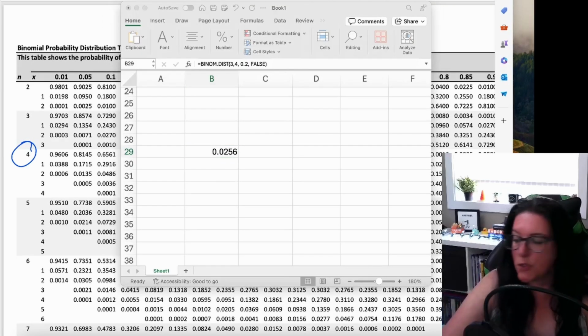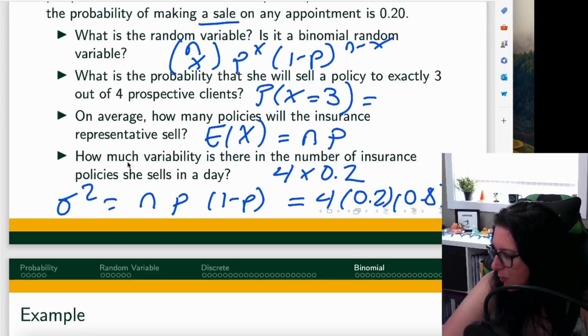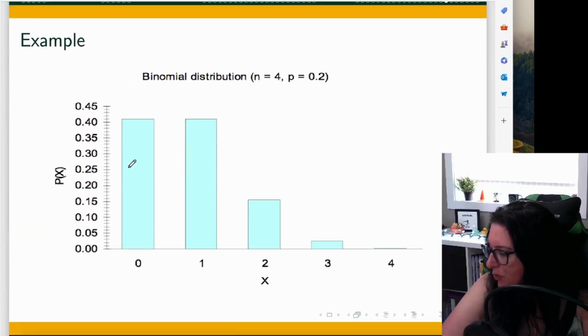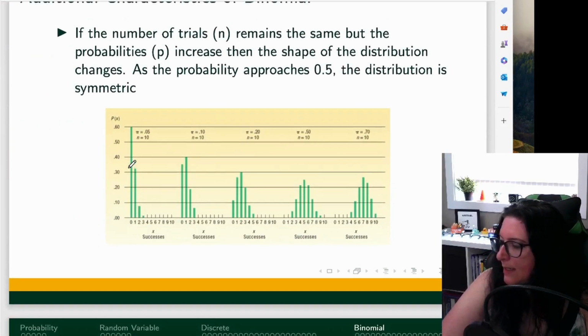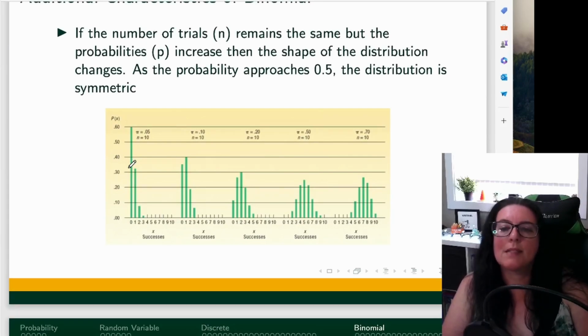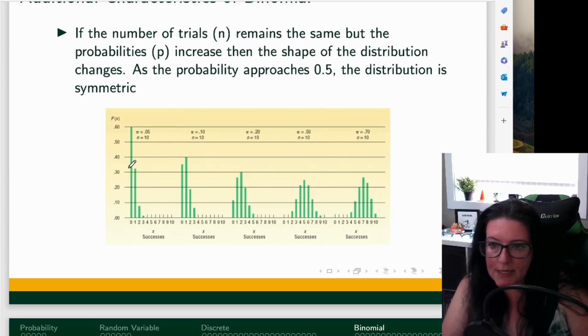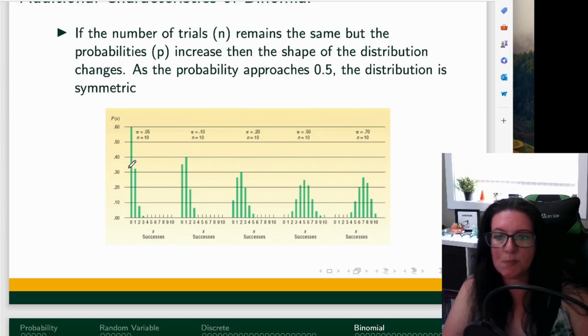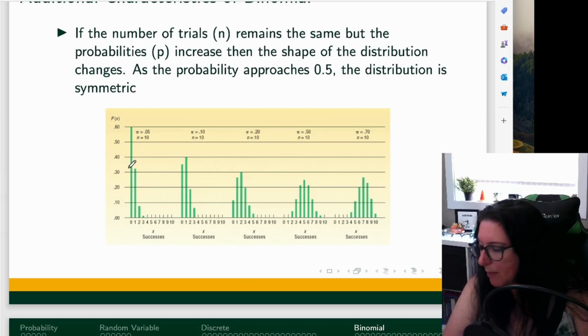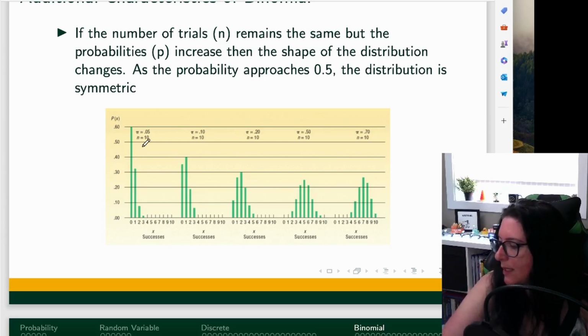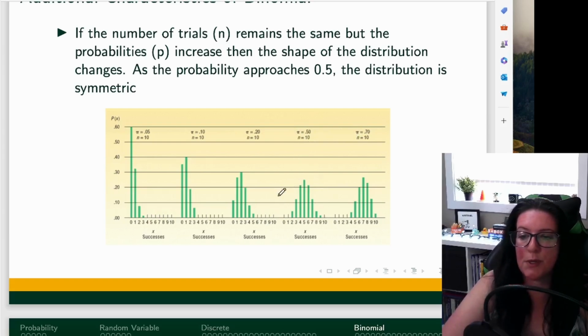Some additional characteristics of binomial distributions, as we're wrapping up: if the number of trials n remains the same but the probability increases, then the shape of the distribution starts to change. As the probability approaches 0.5, the distribution gets more symmetric. In this visual we go from a probability of 0.5%, 10%, 20%, to 50%, and at 50% we get a symmetrical distribution.